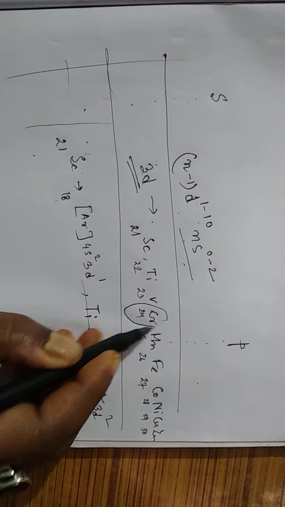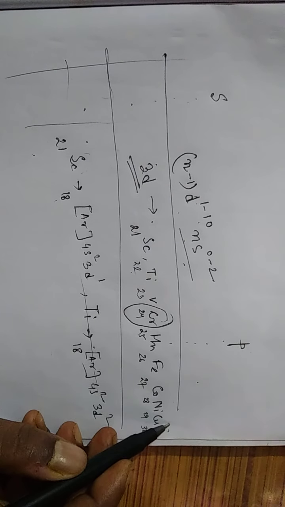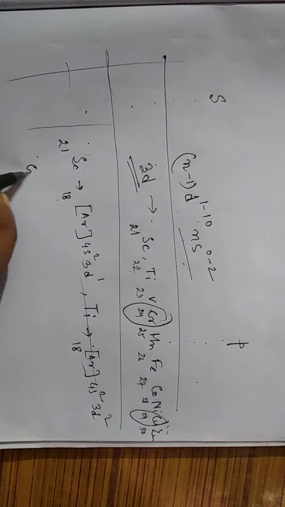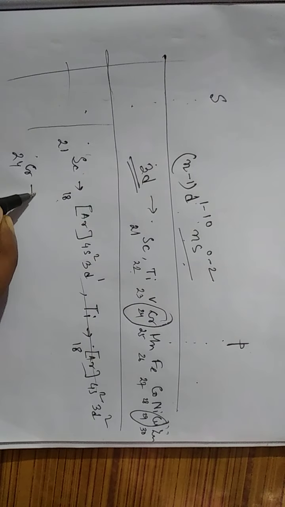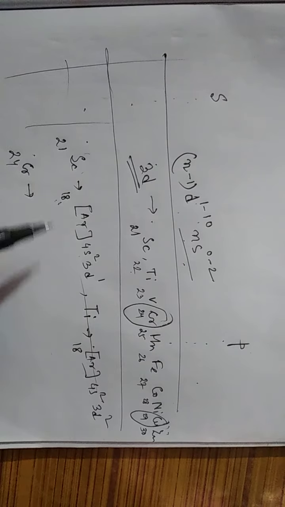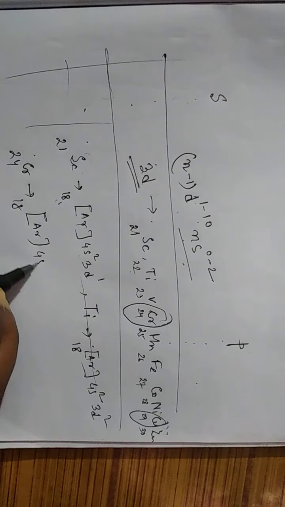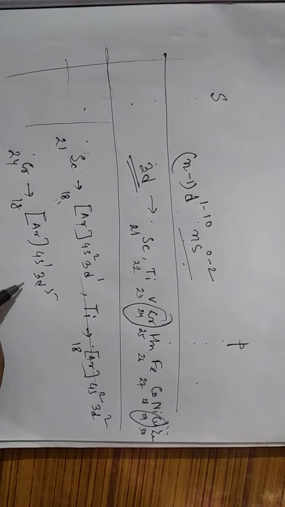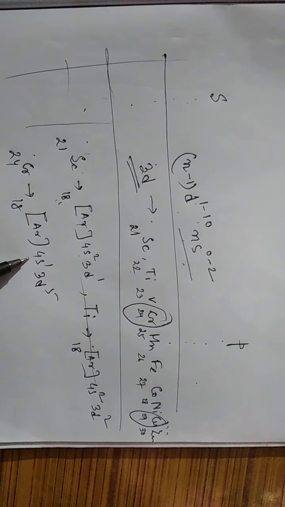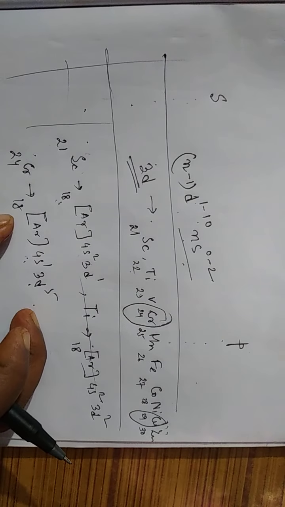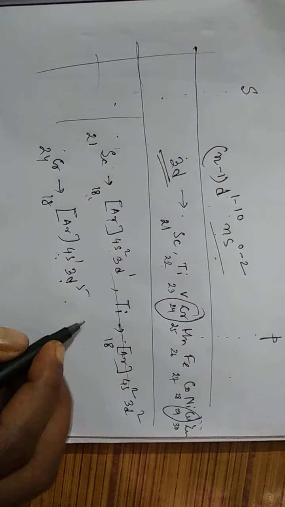And the only exceptional configurations which I will discuss now are chromium and copper. For chromium, 24, we expect argon 18, then 4s2, then 3d4. No, it will be argon 18, then 4s1, then 3d5. Why not 3d4 and 4s2? Because 3d4 is not a stable configuration, but if 4s is half filled and 3d is also half filled, then it gains more stability. Therefore the actual configuration of chromium is like this.